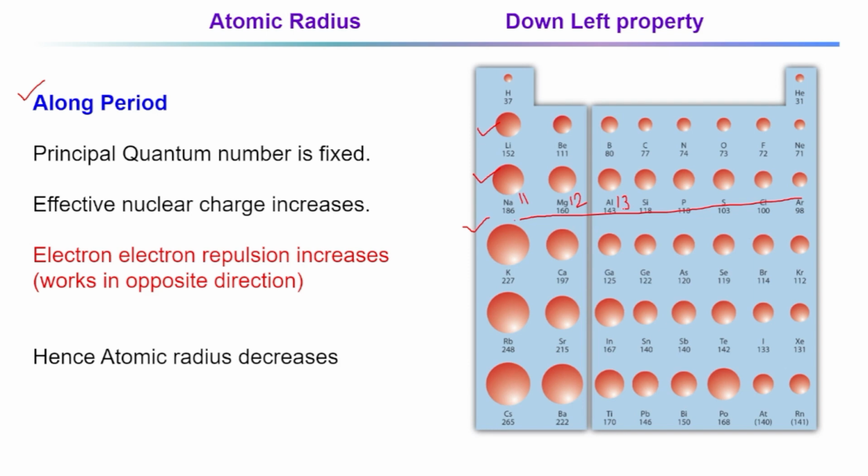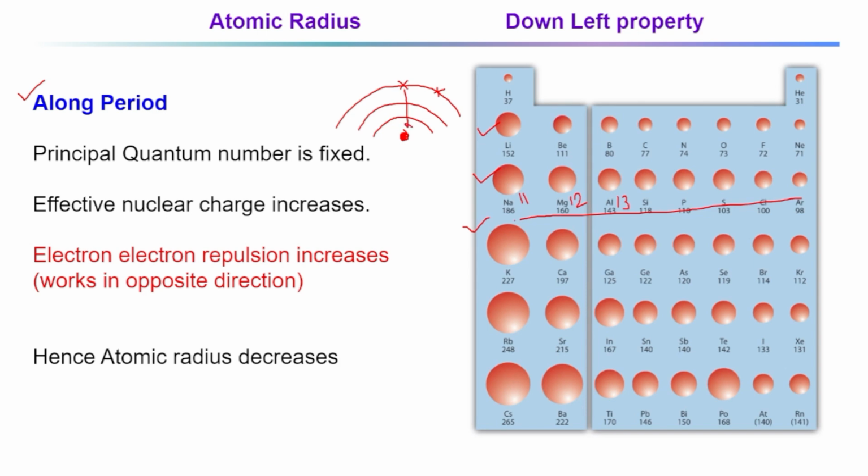So as I said, the nucleus is an attractive girl, right? If it has more and more protons, it is more and more beautiful, more attractive. So it will attract the electrons more. I will try to show it here again. If this is your nucleus and you have more and more protons, it will attract the outermost electrons more. It will similarly attract all the electrons, even the inner electrons, but the outermost electrons will also shrink. So these electrons will come close.